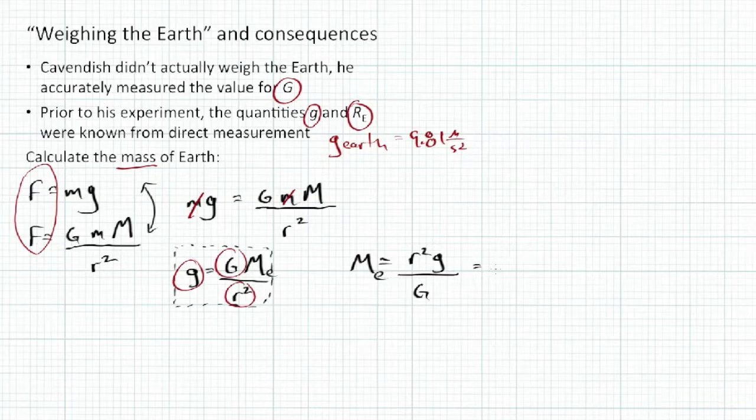That would be the radius of the Earth, right? The radius of the Earth squared times small g, well, we basically know that by heart, divided by capital G. And if these are plugged into your calculator, that is the radius of the Earth and g, you should be able to calculate it fairly easily.